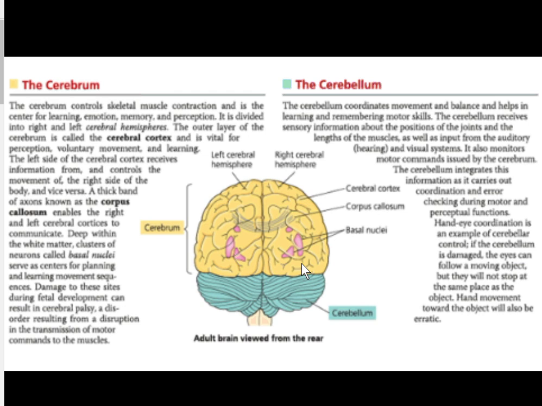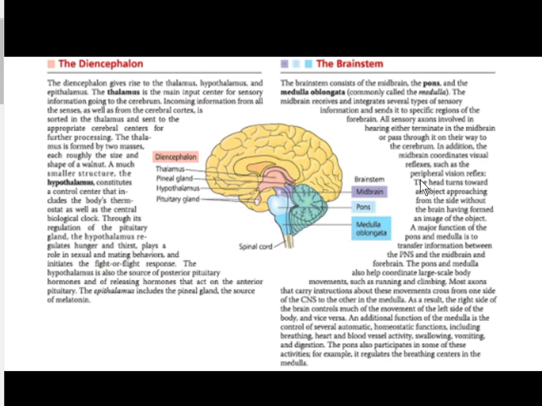I think it would be worth looking through functions of the cerebrum: higher level thinking, left and right side of body, that kind of stuff. Cerebellum, coordination. Diencephalon, you've got processing, sort of a sense of where information is going in and out.